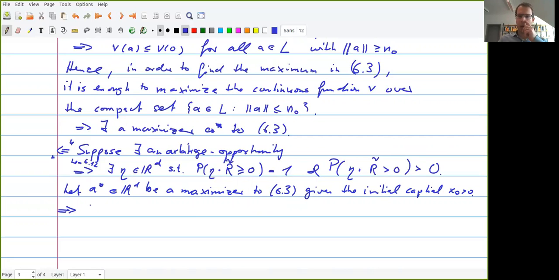If I take now this maximizer, and I also take my arbitrage opportunity, eta, and I plug this into my value function, so in my optimization problem, what is the terminal wealth we can generate? So we take the position A star, because we know that this is the best we can do. And now we assume that we have an arbitrage opportunity eta.